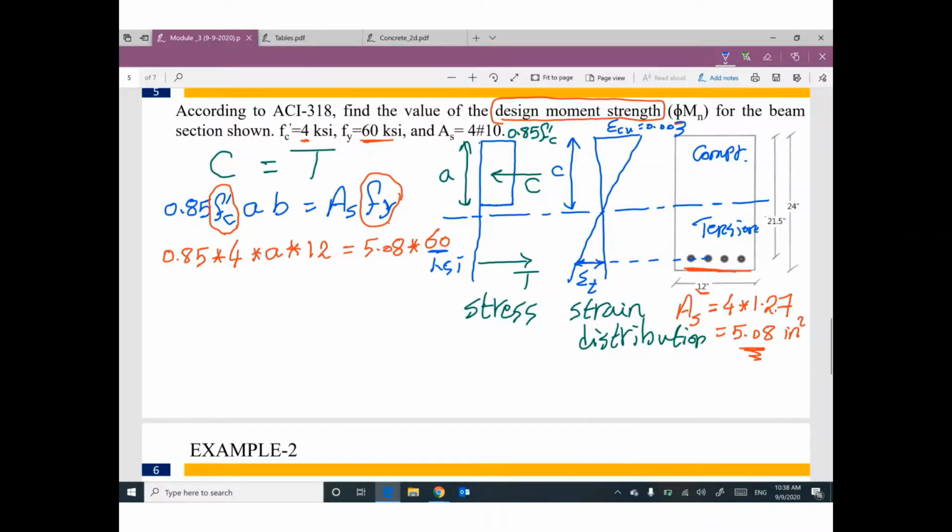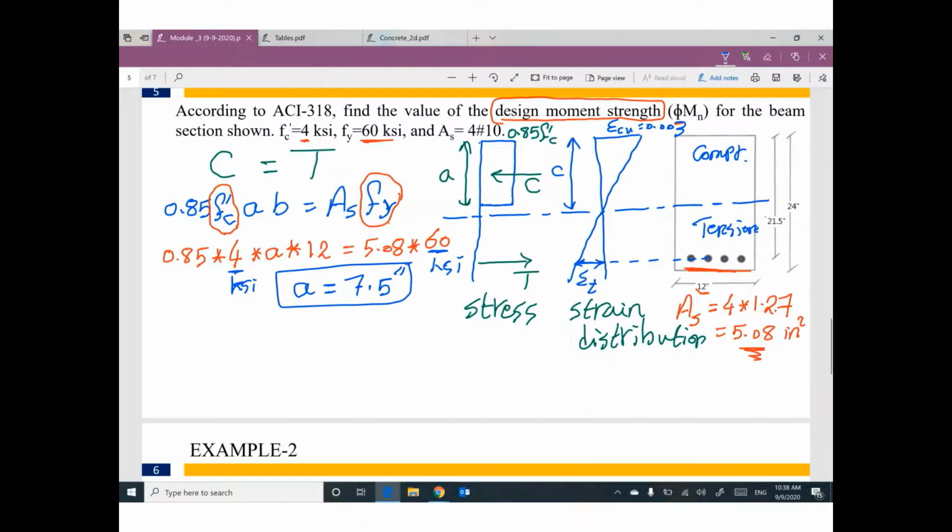And f'c is 4 in ksi. So be careful, both of them must be the same. The only unknown in this equation is a. So 5.08 times 60 divided by 0.85 times 4 times 12. This a equals 7.5 inches.